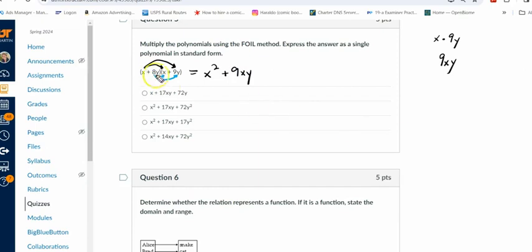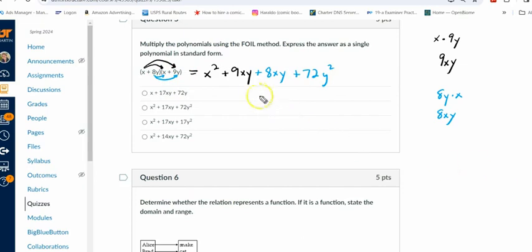Then I'm going to do the blue bit, 8y times x. Again, that's just a straight product. You want the number out the front, but you want the letters in alphabetical order. And then 8y times 9y. Well, 8 times 9 is 72, and y times y is y squared.